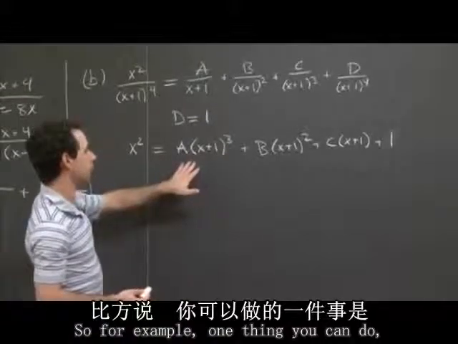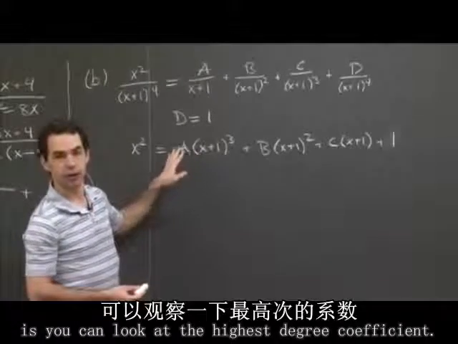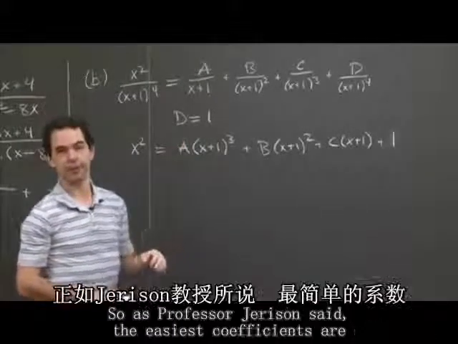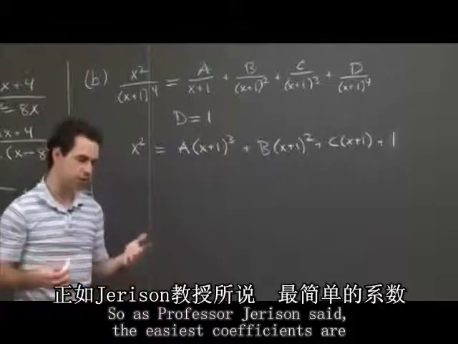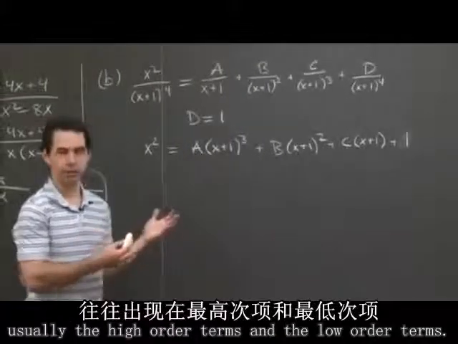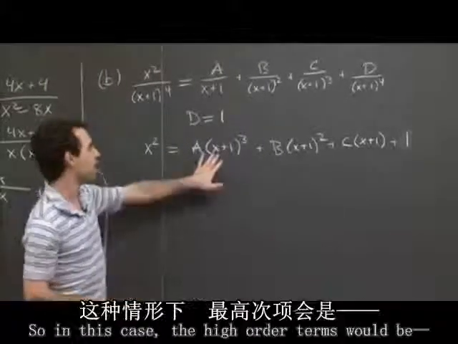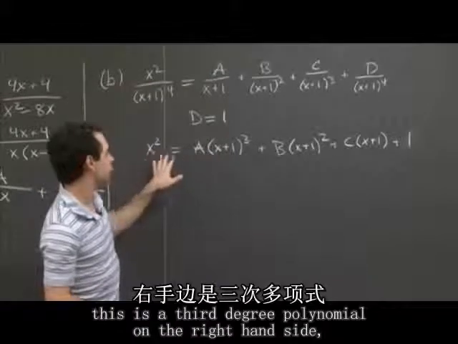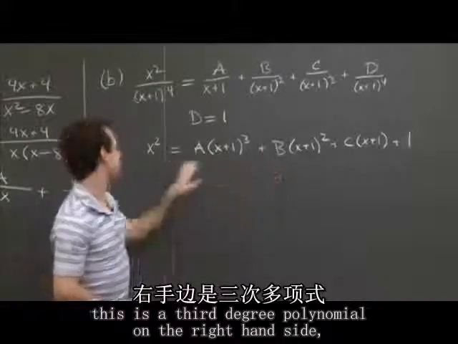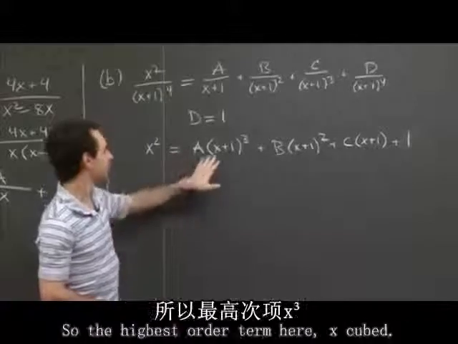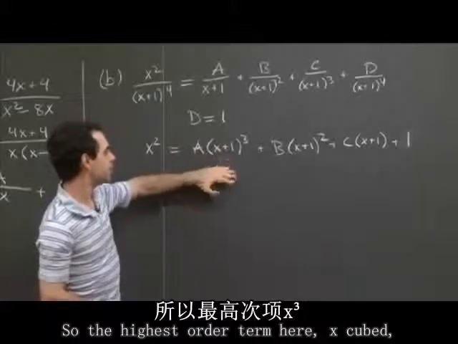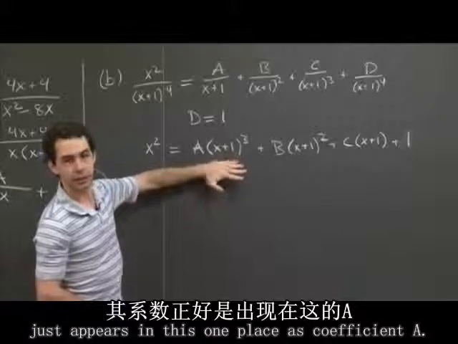So for example, one thing you can do is you can look at the highest degree coefficient. As Professor Jerison said, the easiest coefficients are usually the high order terms and the low order terms. So in this case, the high order term would be that this is a 3rd degree polynomial on the right-hand side, and it's a 2nd degree polynomial on the left. So the highest order term here, x cubed, just appears in this one place as coefficient a.